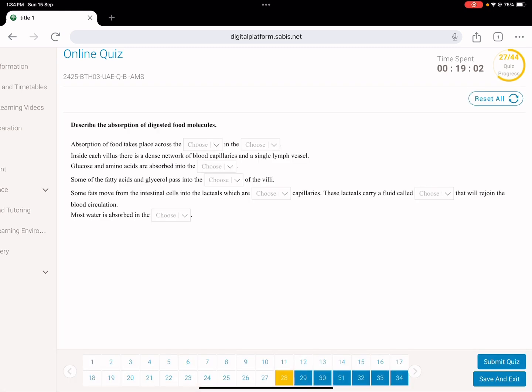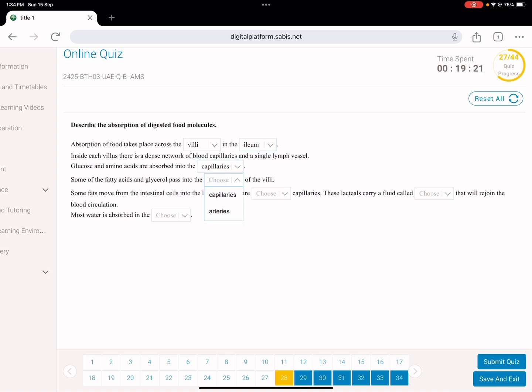Absorption of food takes place across the villi in the small intestine, in the ileum mainly. Here we have to be a bit more specific. They're telling us in each villus there's a dense network of blood capillaries and a single lymph vessel. Glucose and amino acids are absorbed into the blood capillaries.